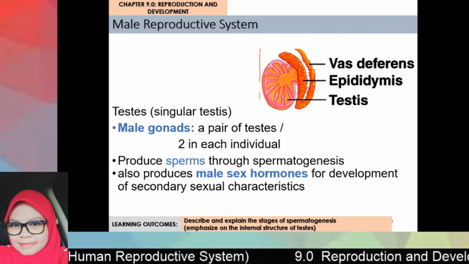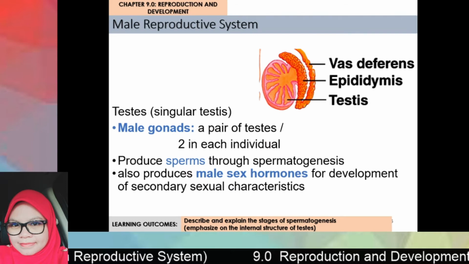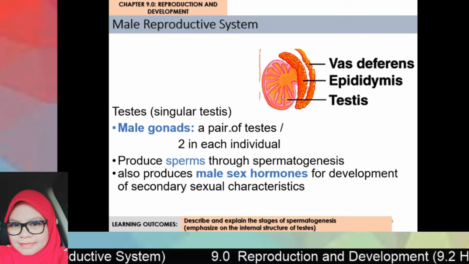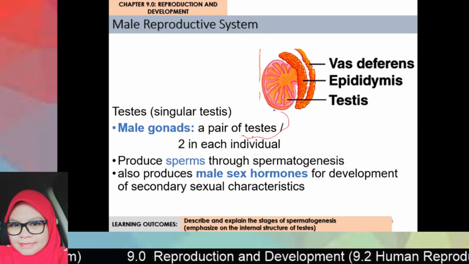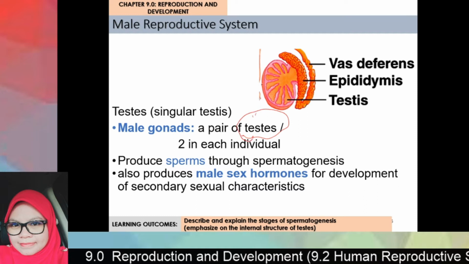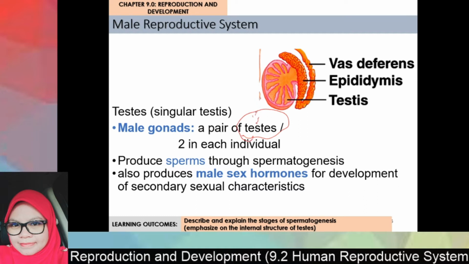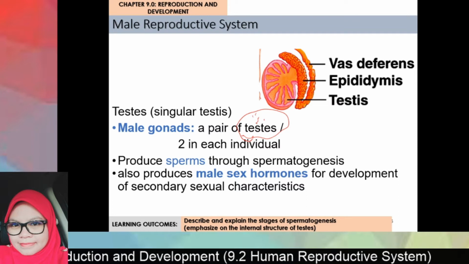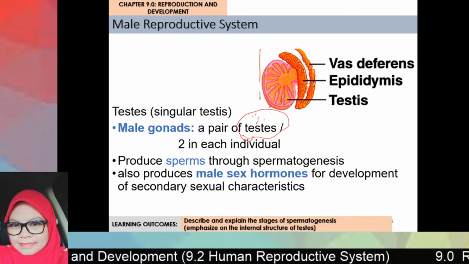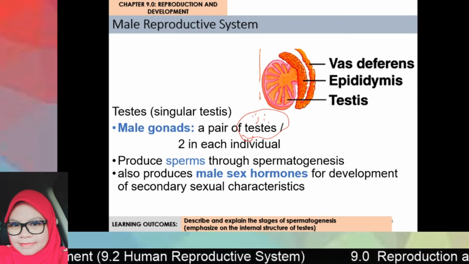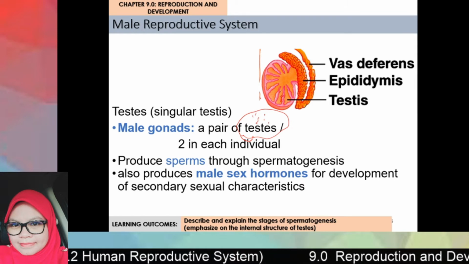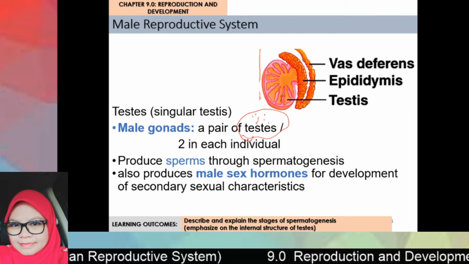Alright, so as you know, male will have a pair of testes. What is important of the testes? Very important, because the spermatogenesis will take place in the testes, or specifically, in the seminiferous tubule.